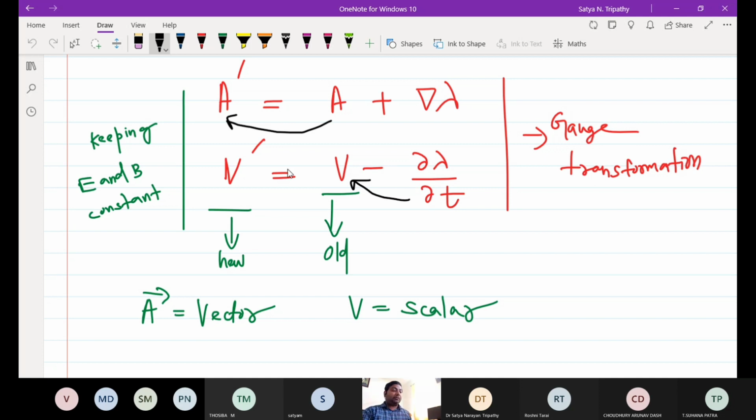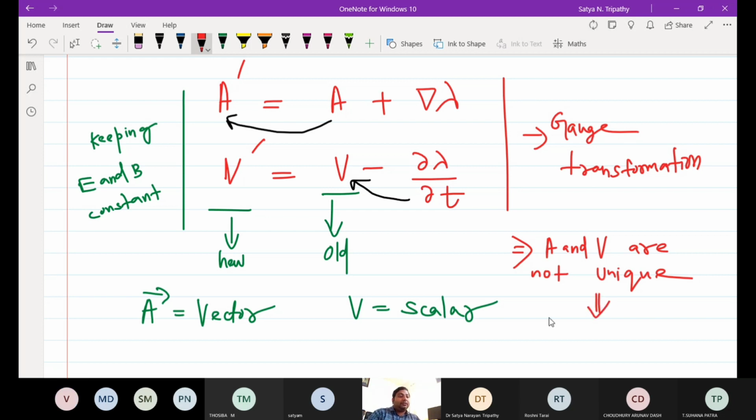This is called the gauge transformation. This is happening because and only because these potentials are not unique, so you can make an arbitrary choice up to your own choice.